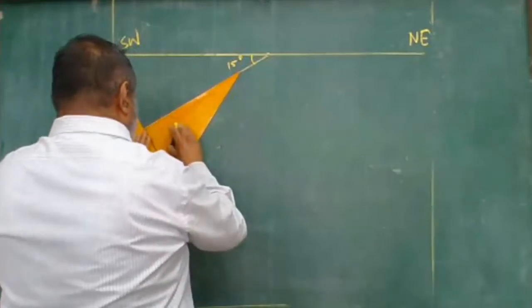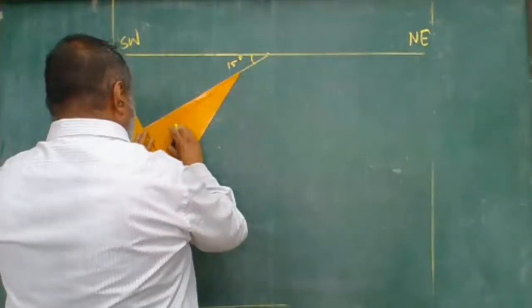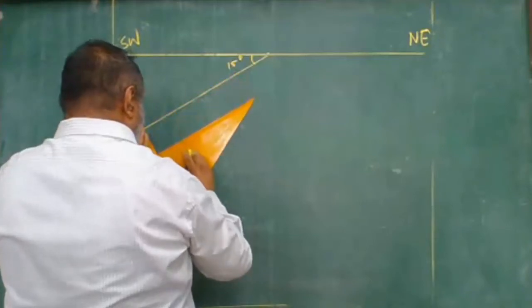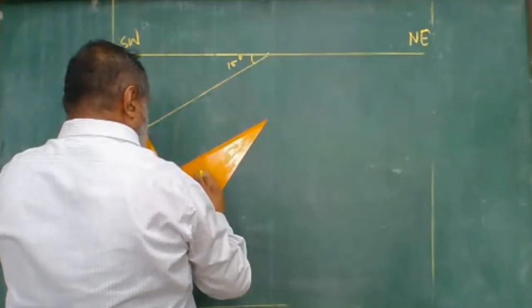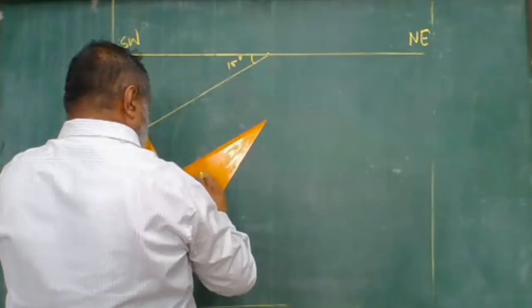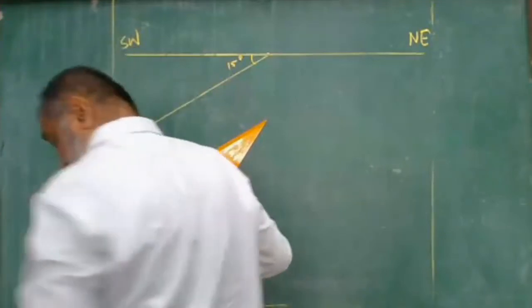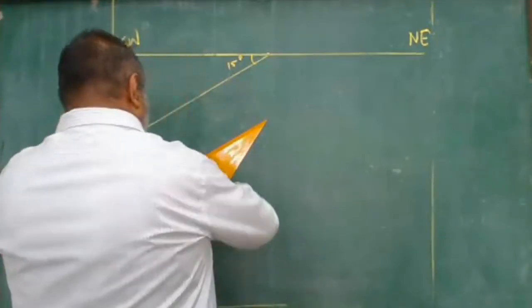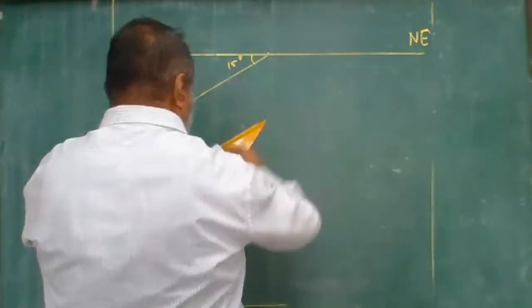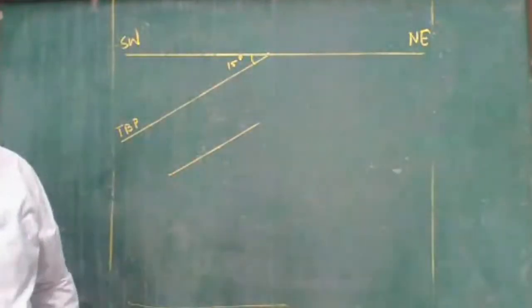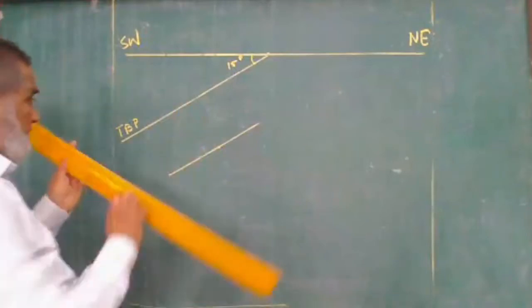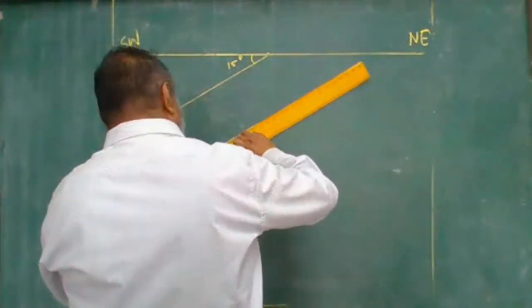Thickness: there should not be any gap. If a gap is there, come back and check it properly. This is the line, and now draw that line with the full scale.